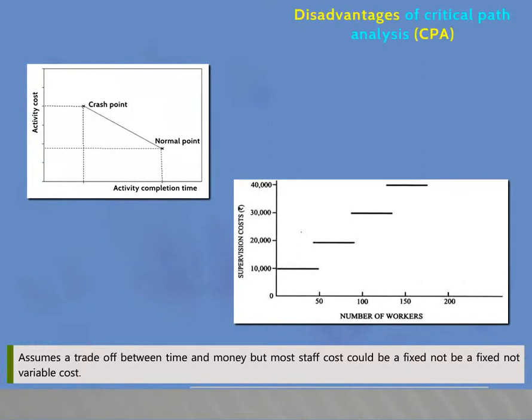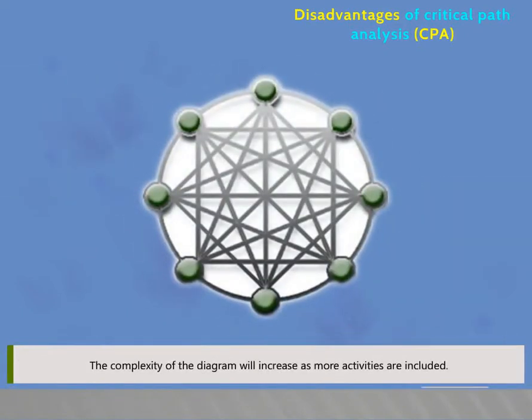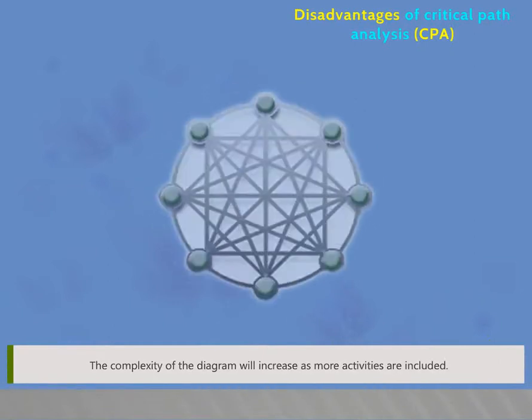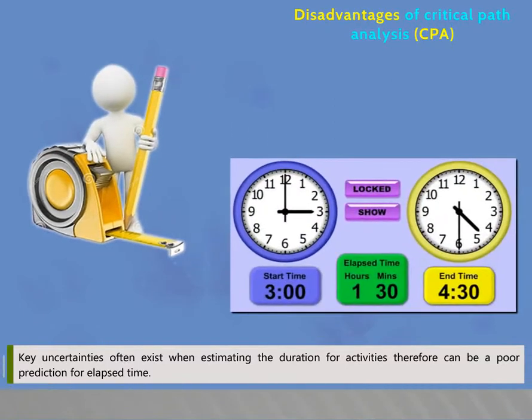It assumes a trade-off between time and money, but most staff cost could be a fixed, not variable cost. The complexity of the diagram will increase as more activities are included. Key uncertainties often exist when estimating the duration for activities, therefore it can be a poor prediction for elapsed time.